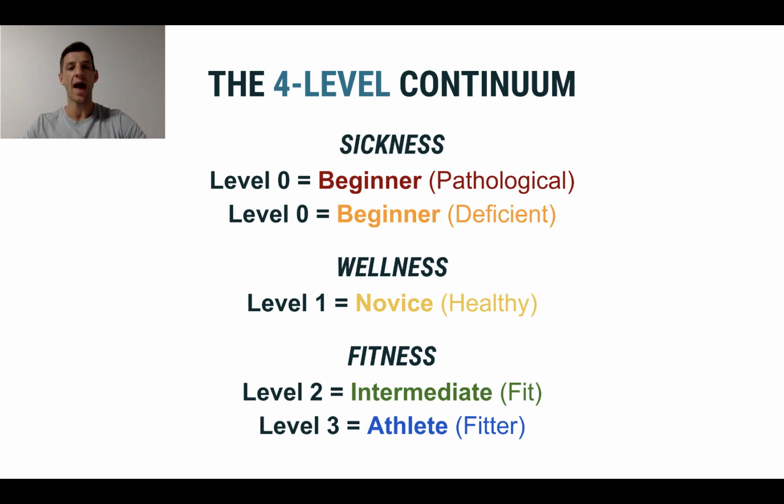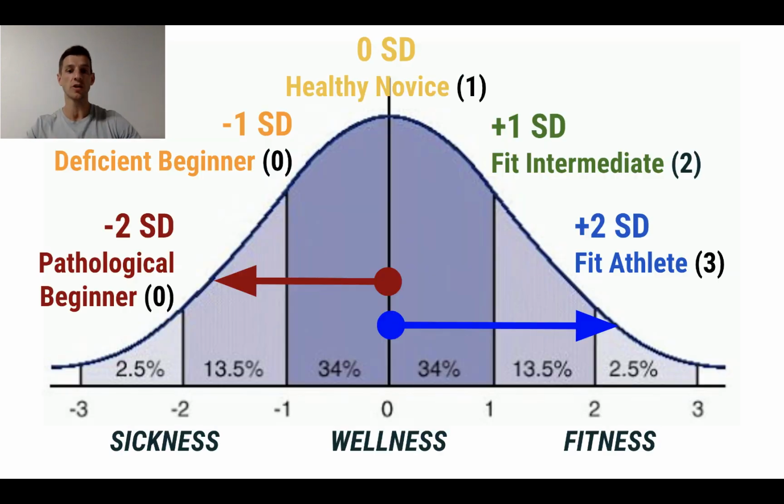So if we map the 4 levels of the 10x body onto the health continuum, this is what it would look like. So we get what we call a healthy novice, right? This person represents a completely undeclined state, fully functional, but also an unconditioned state. This person has never really exposed himself to a very specific and specialized stimulus to develop his body in a particular way.